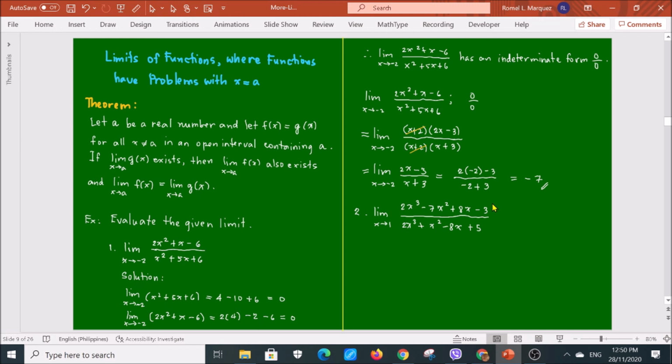Again, be careful because this is a quotient. Try to examine first the denominator. What's the limit of the denominator? Try to have it in a scratch first. What's the limit of the numerator?